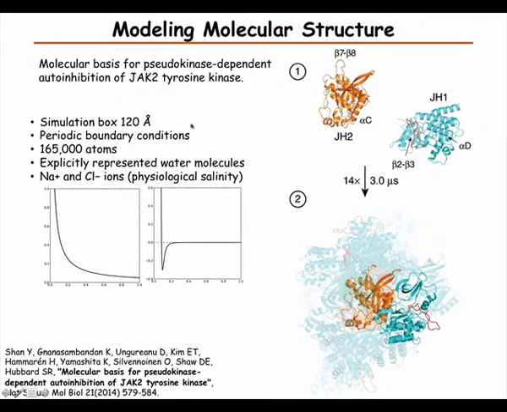They simulated a box with a side of 120 angstroms using periodic boundary conditions. So if one atom went out one way, it came in from the other side. They had 165,000 atoms, and they also had lots of water molecules and some sodium chloride ions.